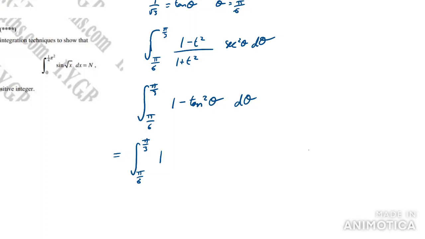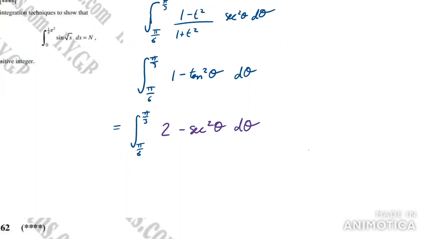In other words, what we get is, I believe, 2 minus sec squared theta, d theta. And so that is going to be 2 theta minus tan theta, that's the integral of sec squared, between pi by 3 and pi by 6.